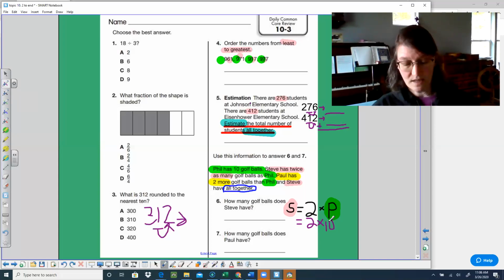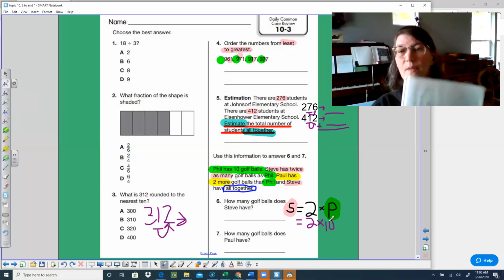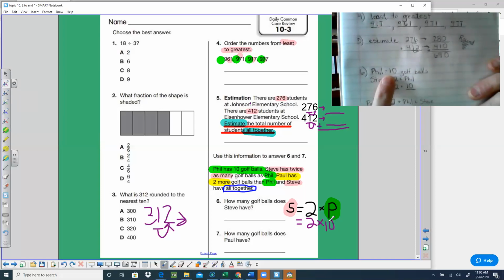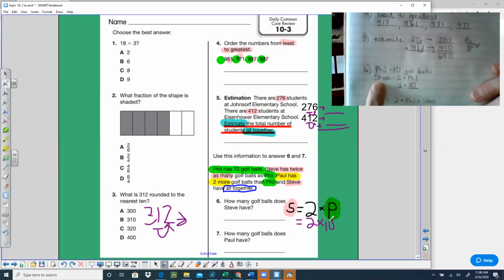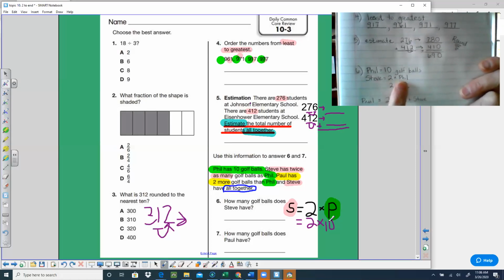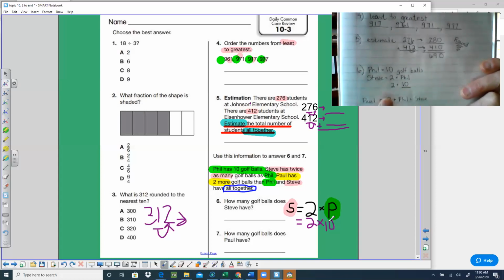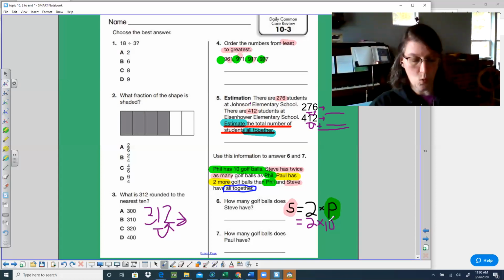So I'm going to write that down in my spiral and then show you my work. I had already pre-written some of it. So I have Phil equals 10 golf balls. Steve is 2 times Phil, 2 times 10. And ladies and gentlemen, hopefully your brain's going, oh, that's 20. That's a nice easy one.